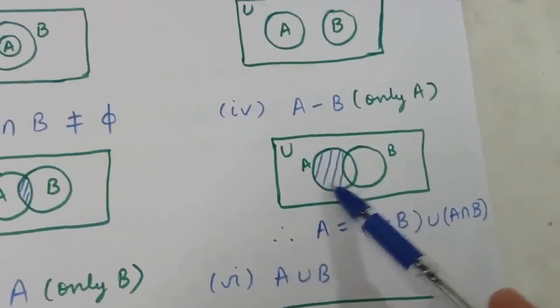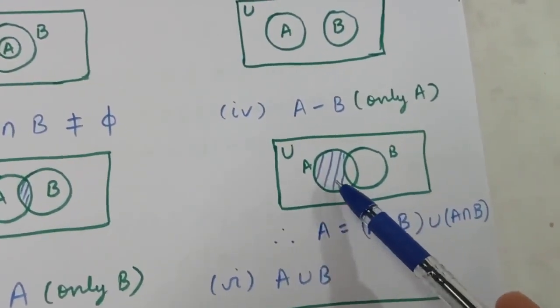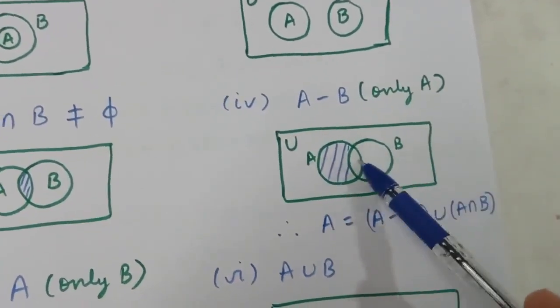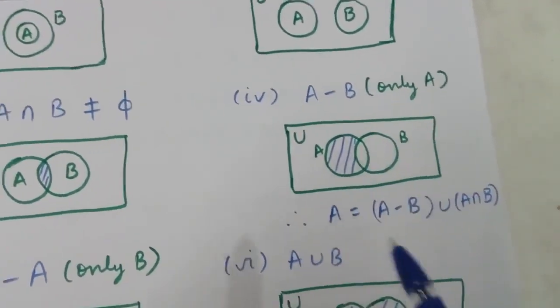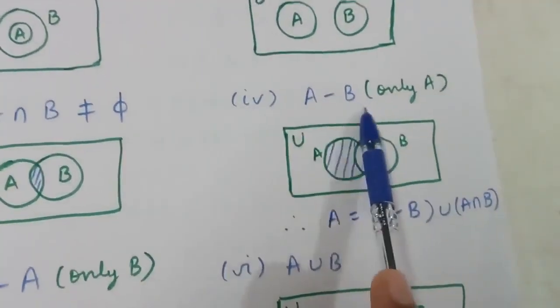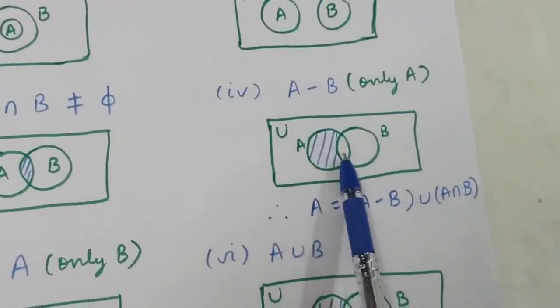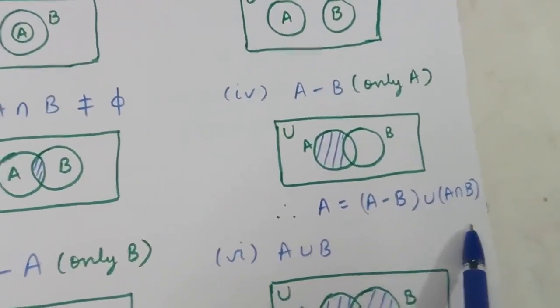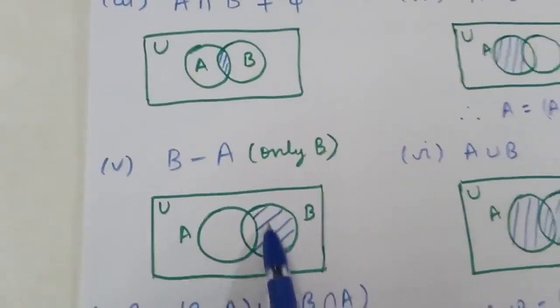So only this shaded part is our only A, right? Because it includes B also. So the set A will be nothing but the union of this A minus B set and this set, which is A intersection B. Similarly, B minus A will be this set.